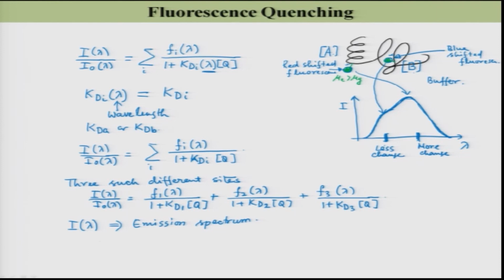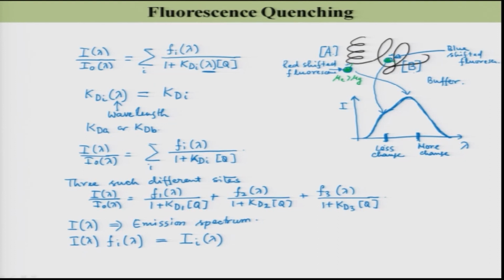If I multiply this I lambda by f i lambda, that will give me the intensity for the ith site at this particular lambda. So, obviously, this I lambda is a measured quantity, right.